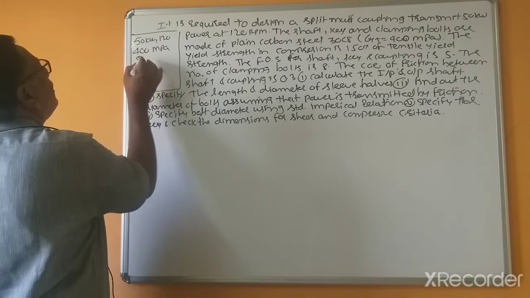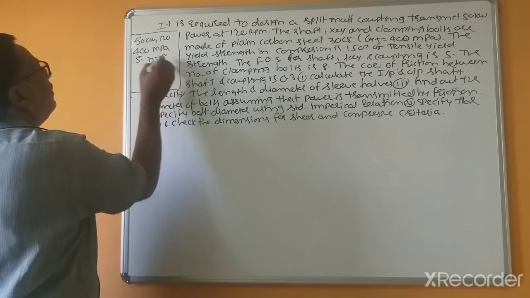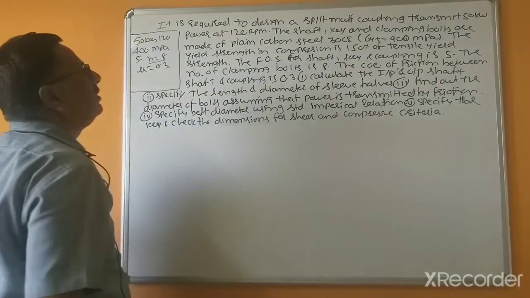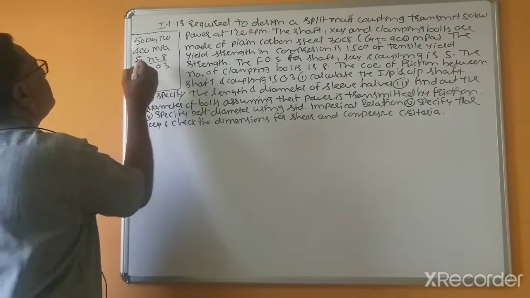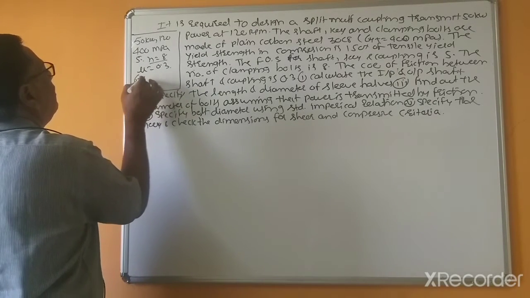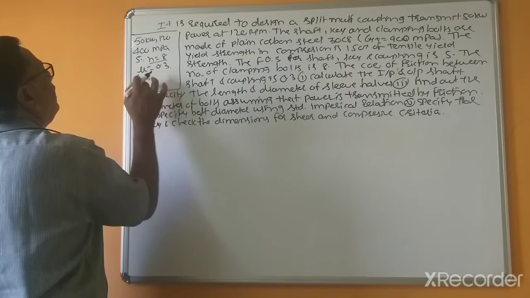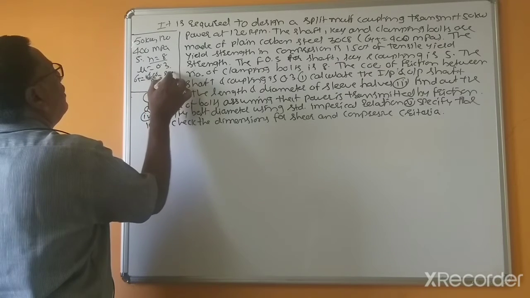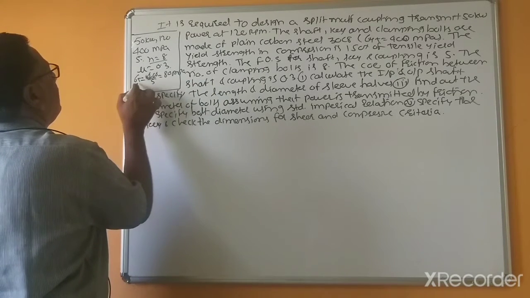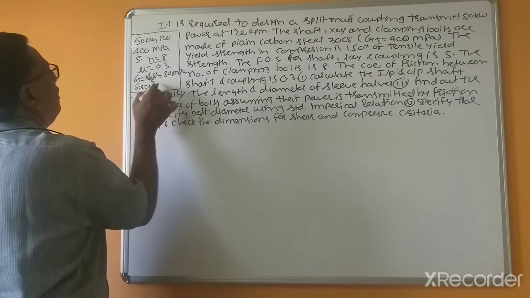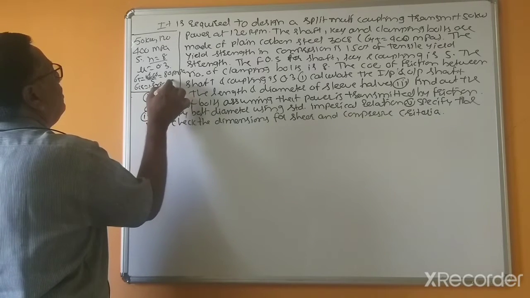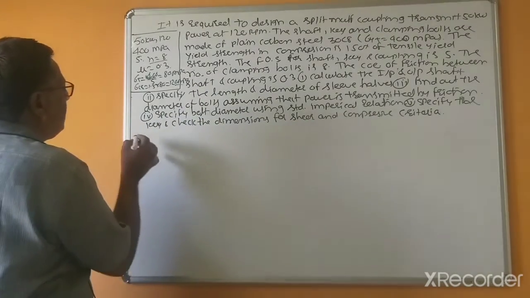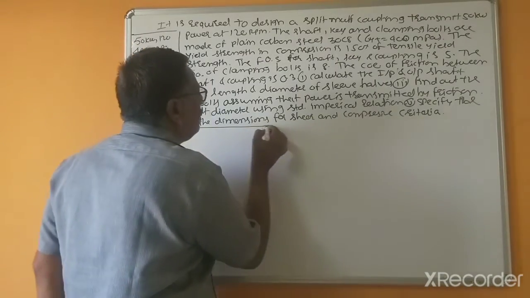Clamping bolts N equal to 8, mu equal to 0.3. Now the relations: sigma T equal to 400 divided by 5, which is 80 megapascals, and crushing stress equal to 1.5 times 80, which is 120 megapascals. So this is sufficient data. Now we will solve this problem.